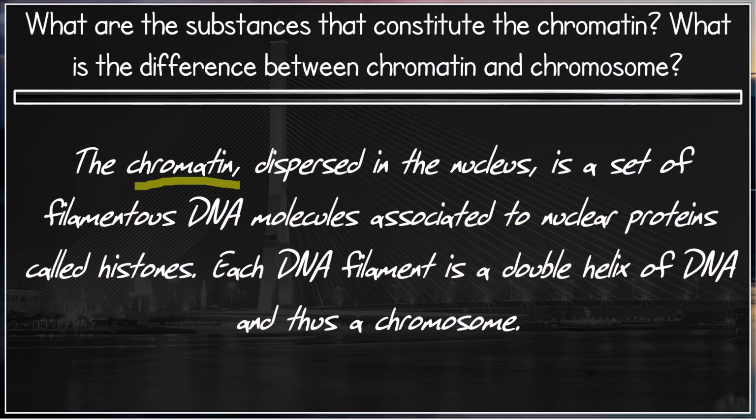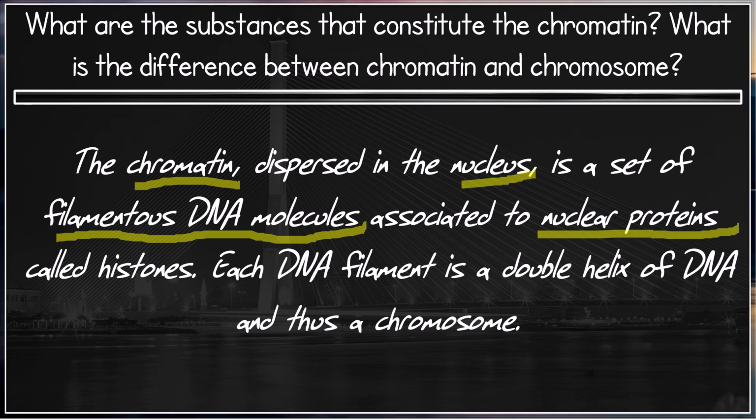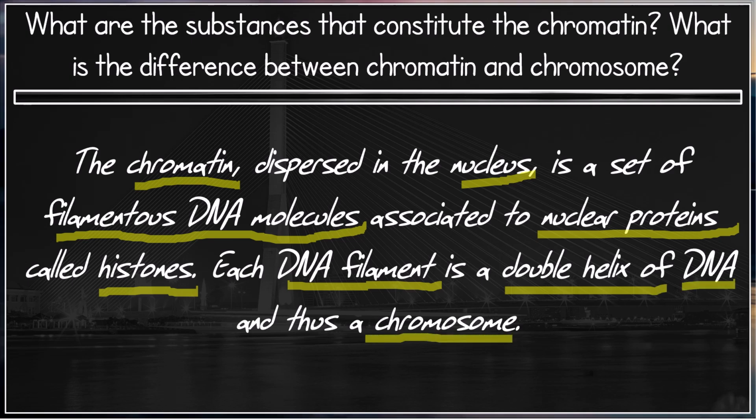The chromatin dispersed in the nucleus is a set of filamentous DNA molecules associated to the nuclear proteins called histones. Each DNA filament is a double helix of DNA and thus a chromosome.